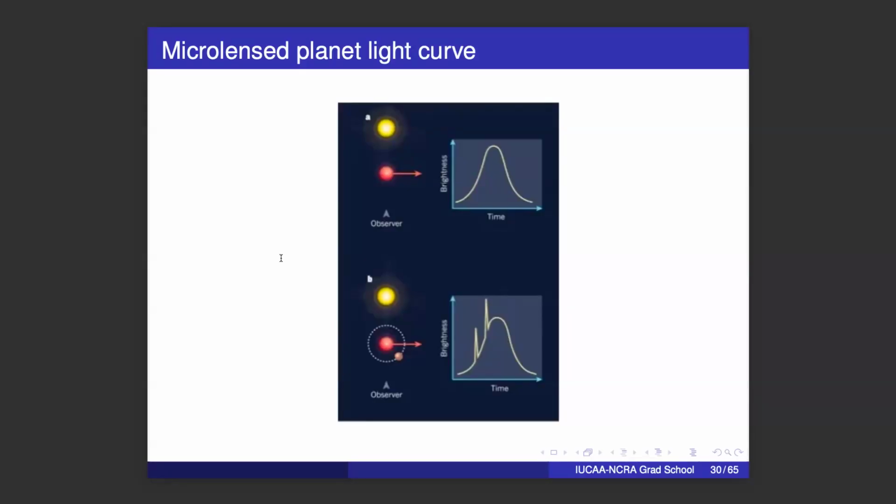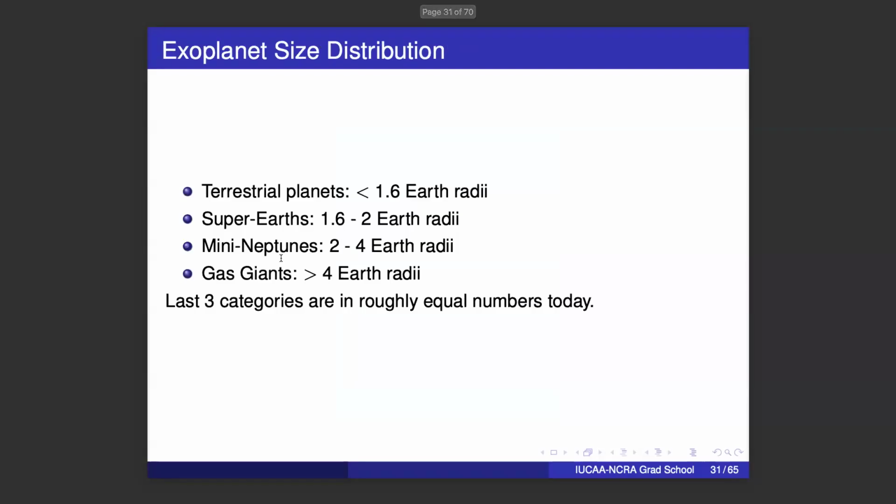If the planet were brightening by itself, it would be harder to detect because the total flux would be very low. It would be drowned in the noise. But now this is like a small wave sitting on top of a big wave, and it becomes easier to detect. Nevertheless, this technique is very difficult. It's not an easy technique to implement in practice and has not been very successful.